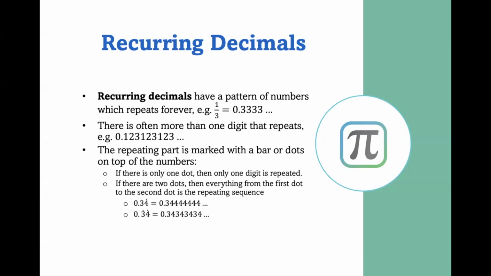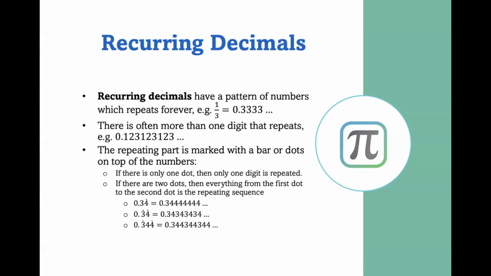Two examples that we have here then, 0.34 but with the dot only above the 4 means 0.3444444, etc. Whereas 0.34 with both the numbers with the dots above means 0.343434. So that's just something to be aware of and to watch out for.